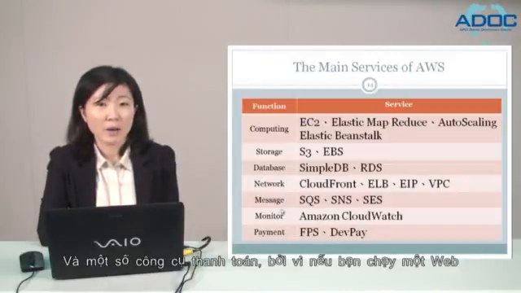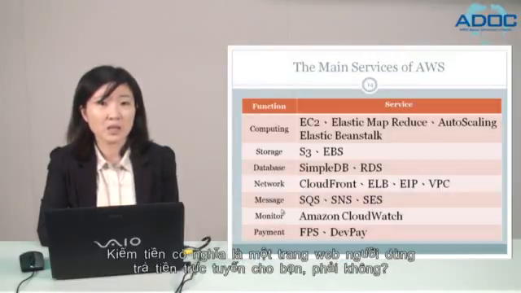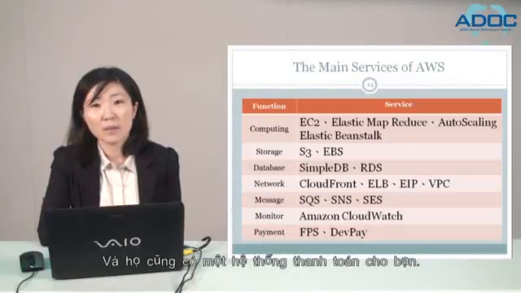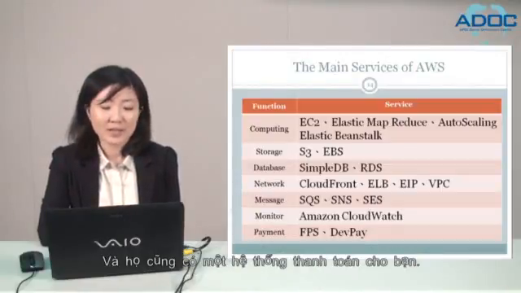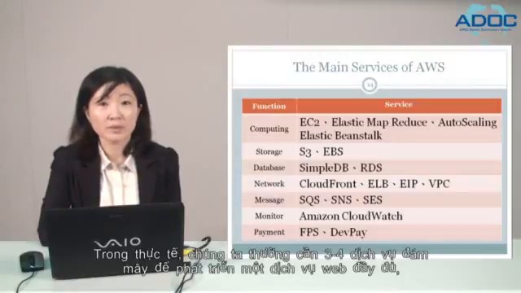Because if you run a web, the reason is that you want to earn money. And earning money means that the web users pay money online to you, right? And they also have a payment system for you. In practice, we usually need 3 to 4 cloud services to develop a complete web service.